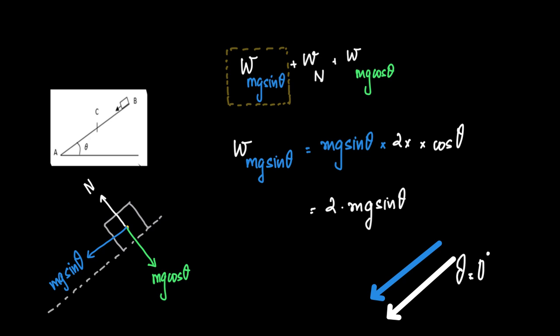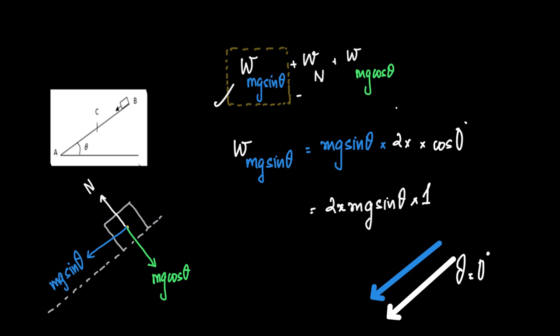So instead of cos theta, I can replace this with cos 0 degree, which is equal to 1. Therefore, what is the work done by mg sine theta? It will be force into displacement, which is mg sine theta into 2x. So we discussed W by mg sine theta.